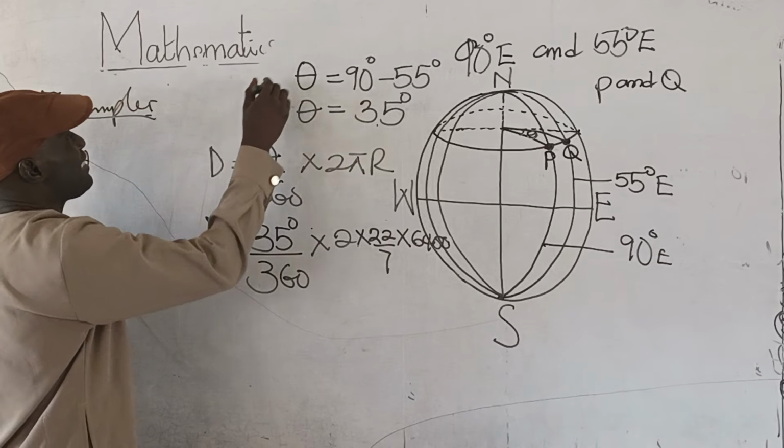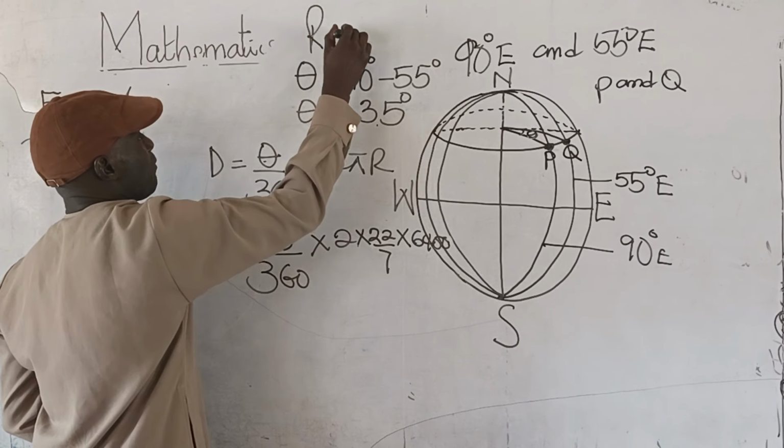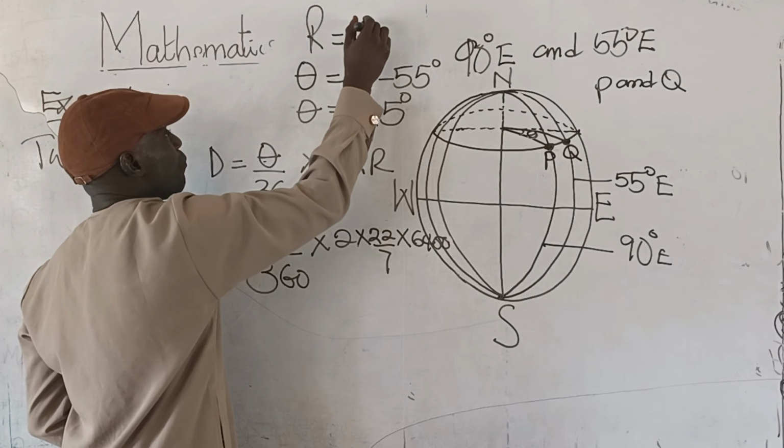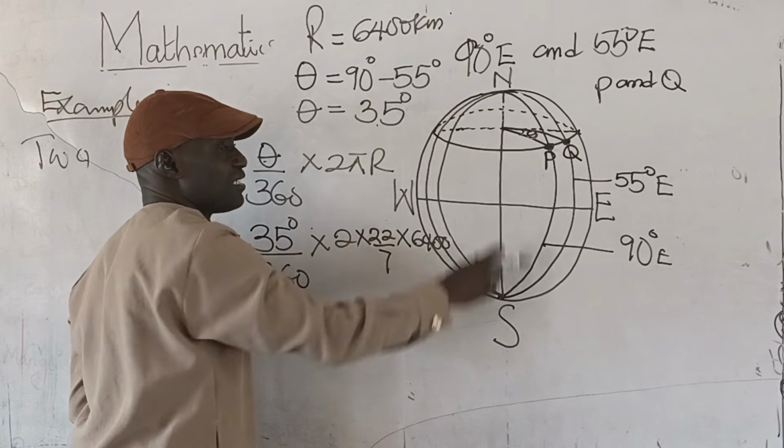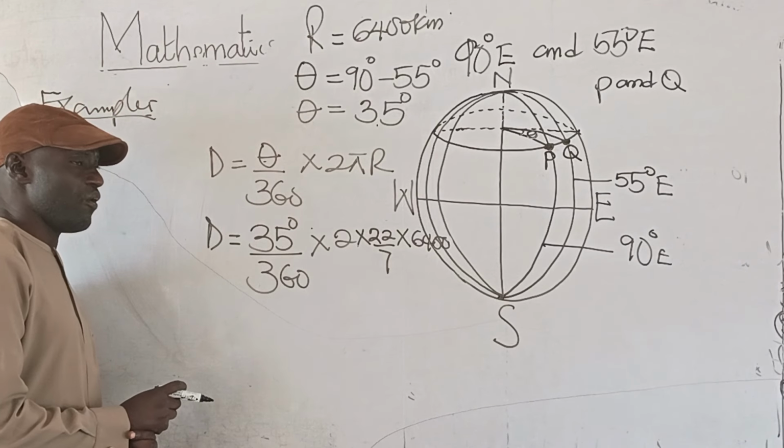Don't forget, anytime you come across big R in this, we change it to 6,400 because it's fixed already.